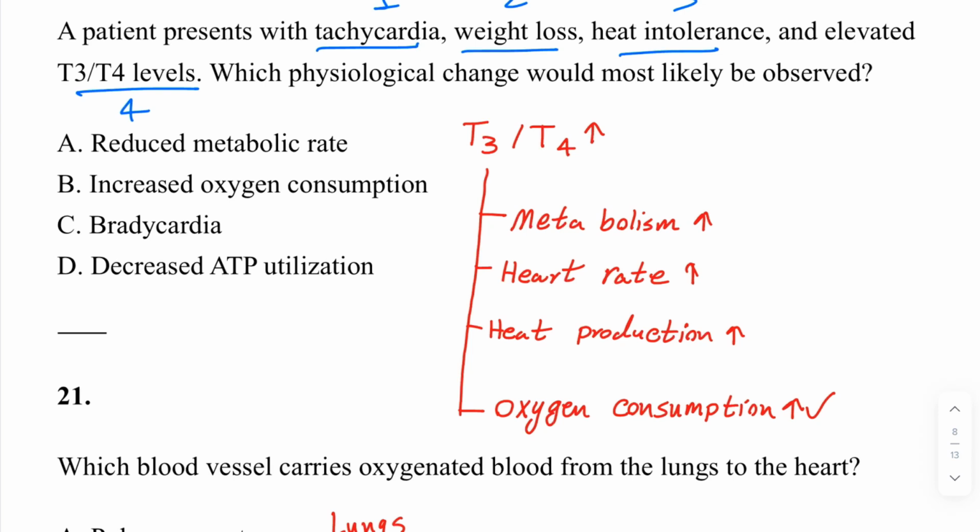As the metabolism increases, cells consume more oxygen and generate more ATP. This also explains the increased heat production seen in this patient. Therefore, increased oxygen consumption is the most likely physiological change. Option B.